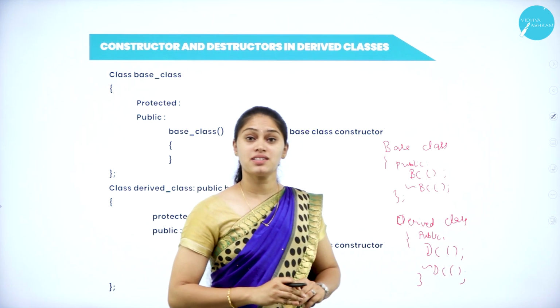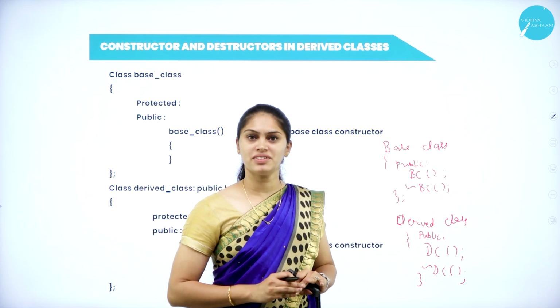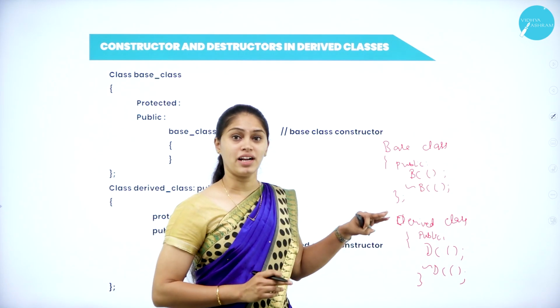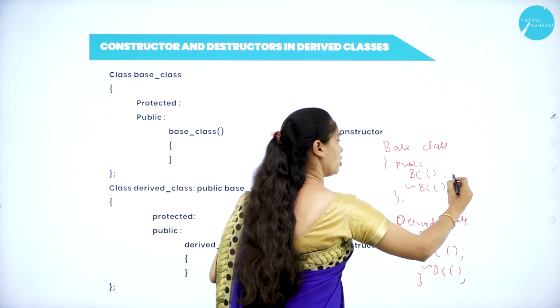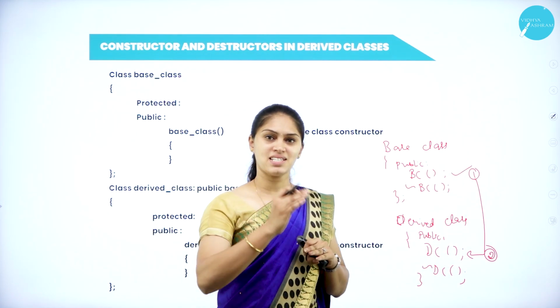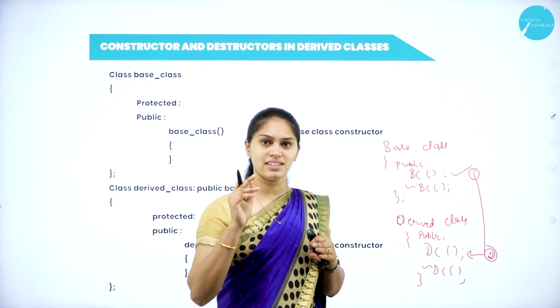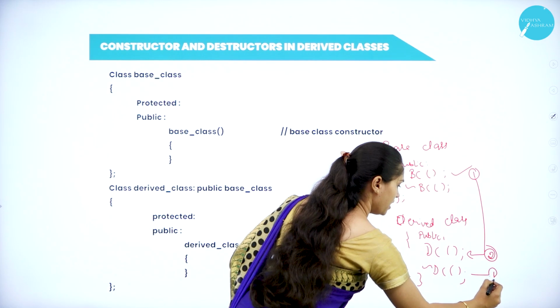Already we know that we are supposed to create an object for the derived class. When I am creating an object for the derived class, at that time control will be moved to the base class constructor, not to the derived class. When I am using destructors in the base class and derived class, first the destructor of the derived class will be called.